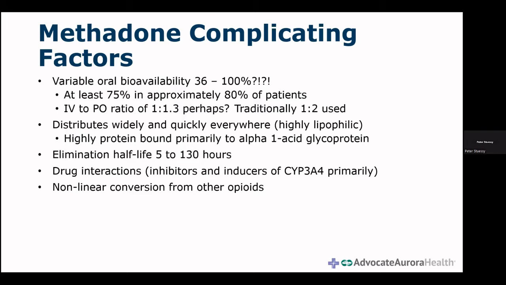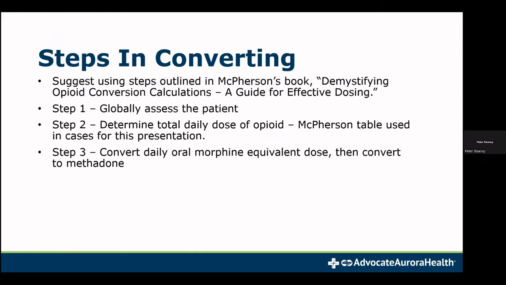The protein levels in these patients may play into how much is unbound and available for the patient. As mentioned previously, drug interactions, inhibitors and inducers, primarily of CYP3A4, are the ones that you're really watching out for. And then it has that non-linear conversion from other opiates. So that's what I'll jump into on some of that situation in just a moment.